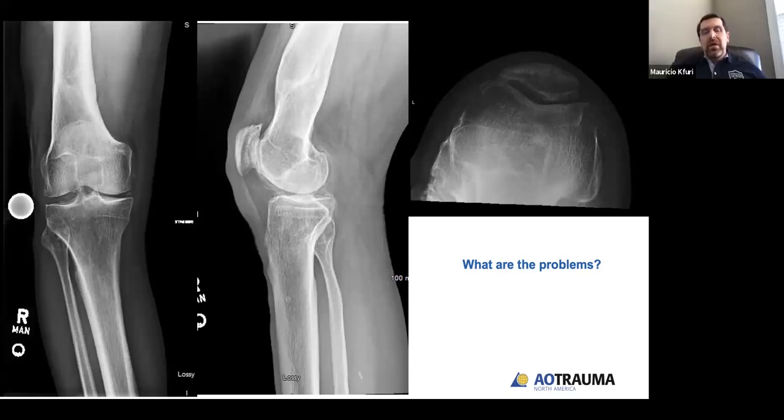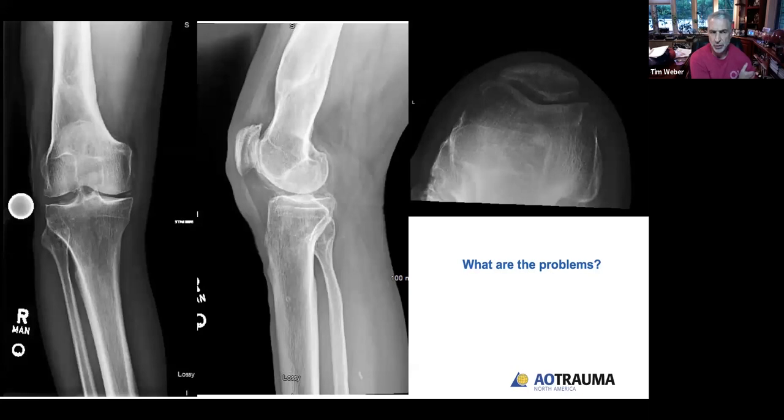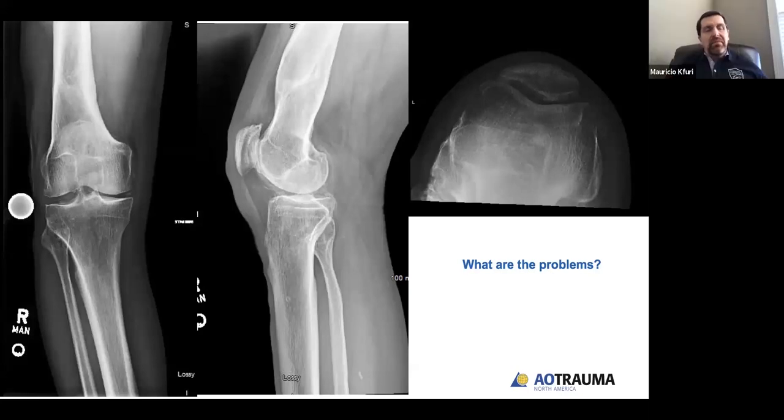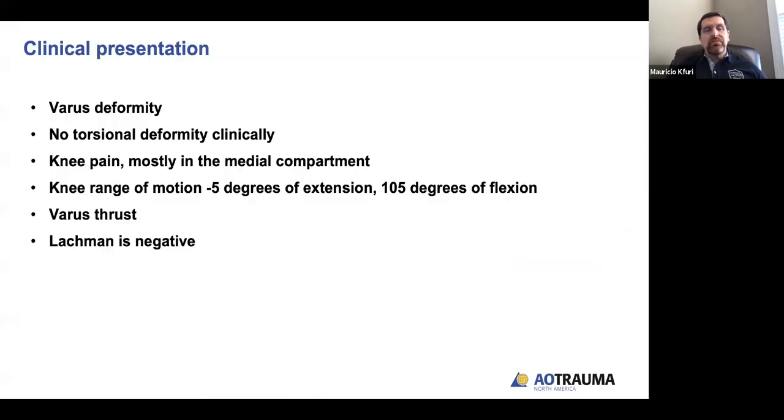Absolutely, I agree. It looks like there might be a little bit of varus also. Yes, you're absolutely right. Distal femur. You're correct. You can see he has a distal femur malunion, as you pointed out, with the varus and apex anterior as well. And most of his pain is medial.